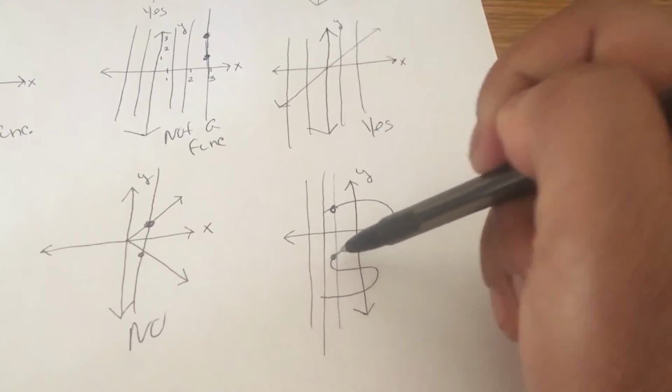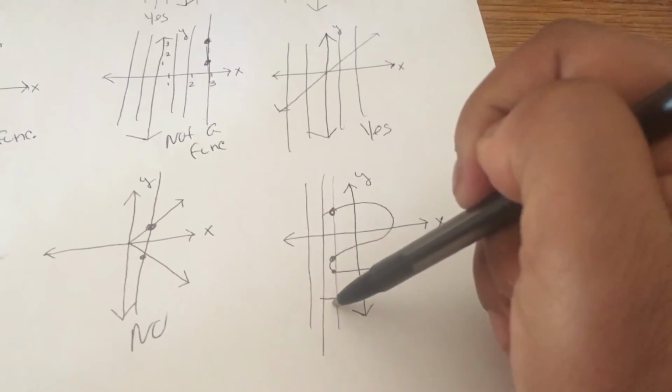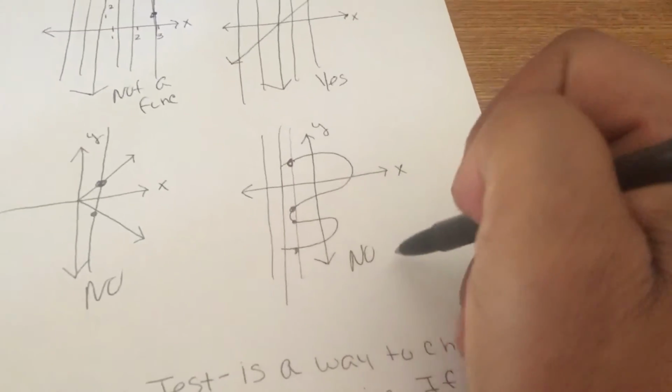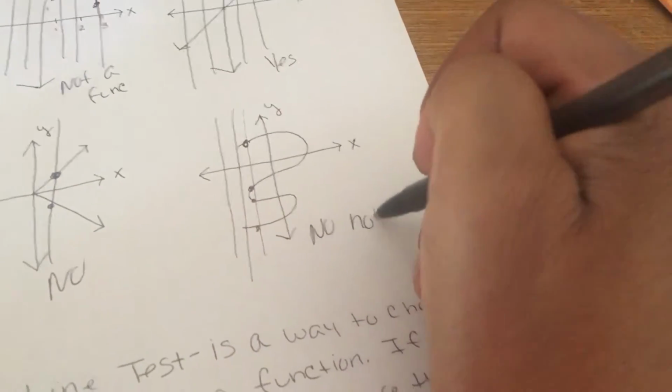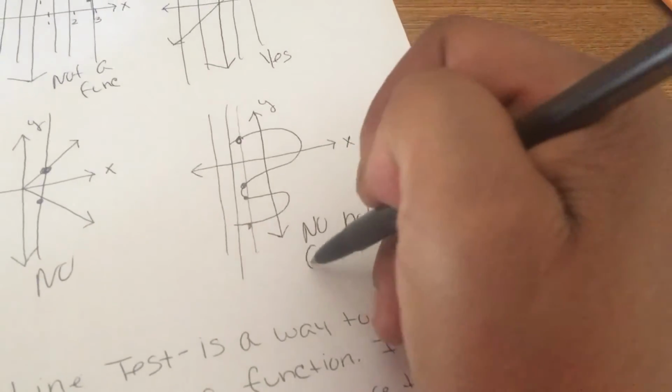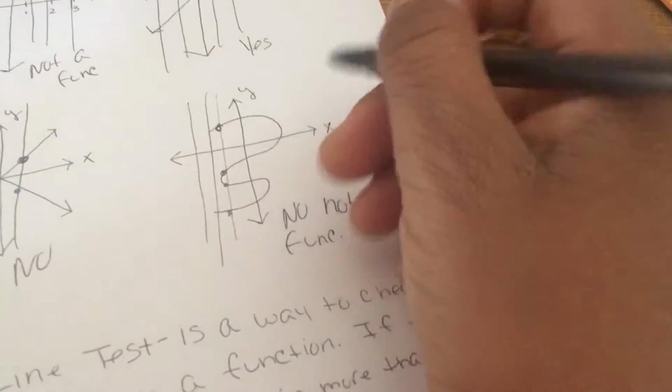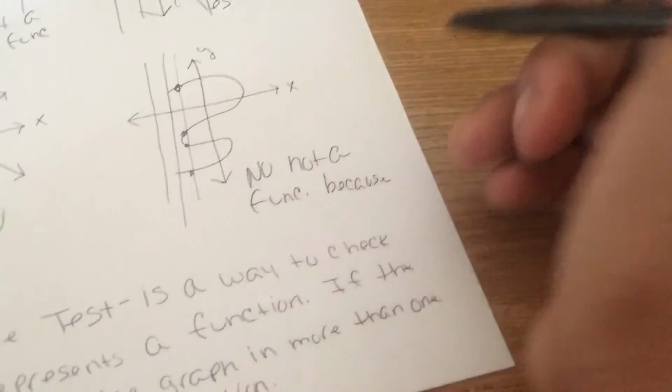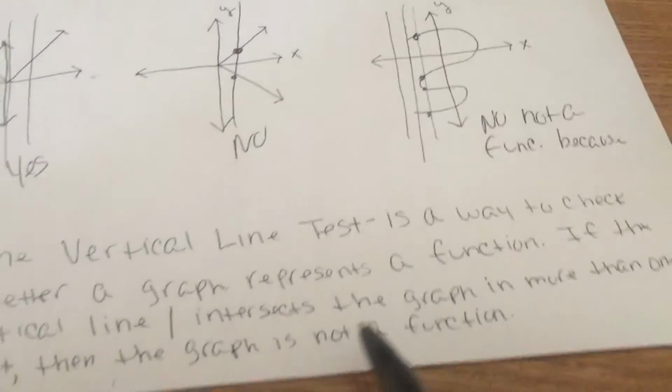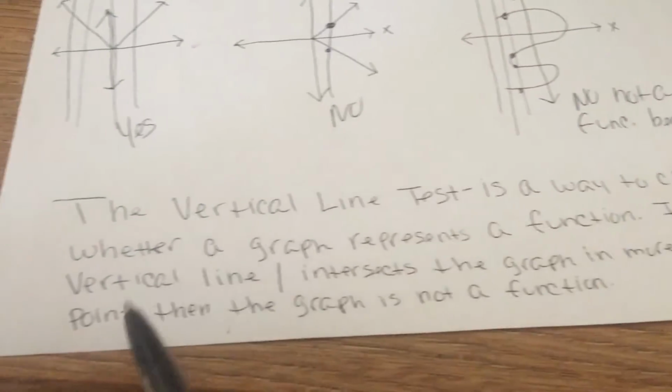It hits a point here. It hits a point here. It hits a point here. No, this is not a function, because it intersects the graph in more than one point.